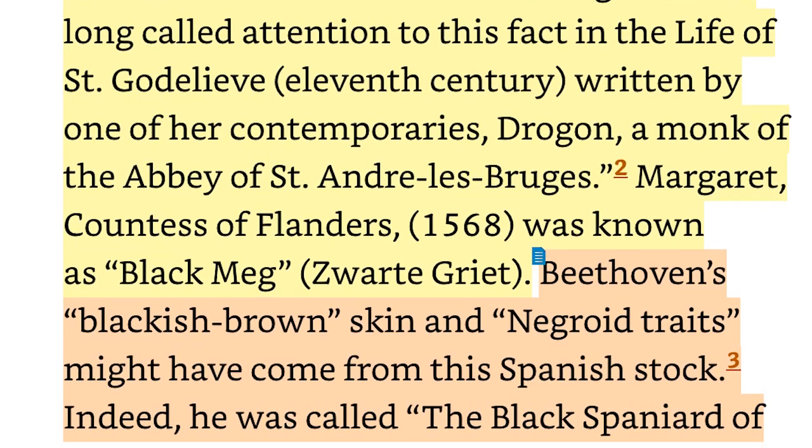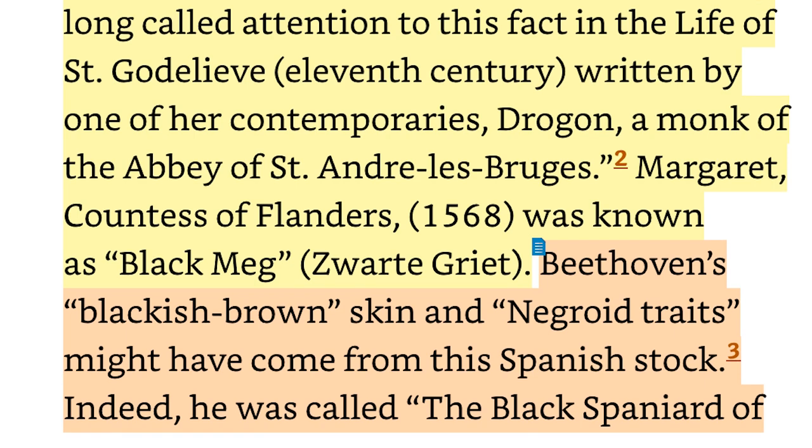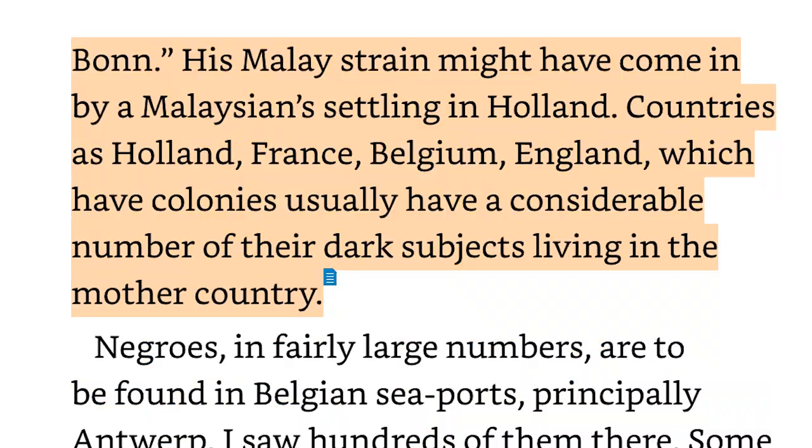Beethoven's blackish-brown skin and Negroid traits might have come from the Spanish stock. Indeed, he was called the Black Spaniard of Bonn. His Malay strain might have come in by Malaysians settling in Holland. Countries such as Holland, France, Belgium and England, which have colonies, usually have a considerable number of their dark subjects living in the mother country. Is that it?